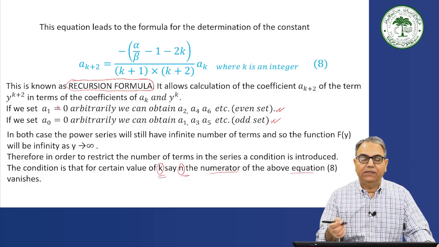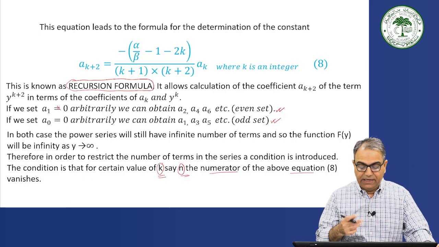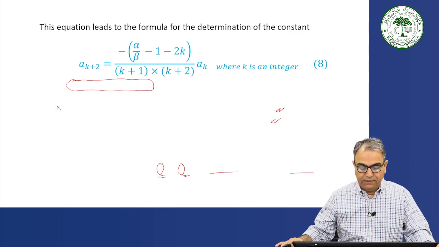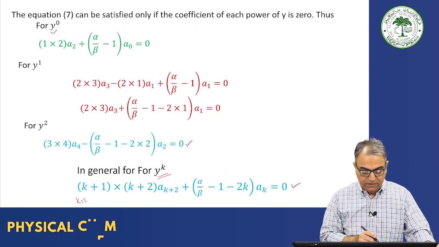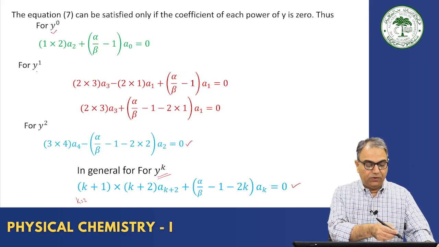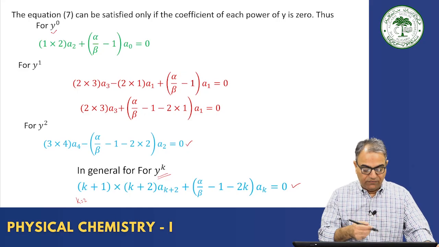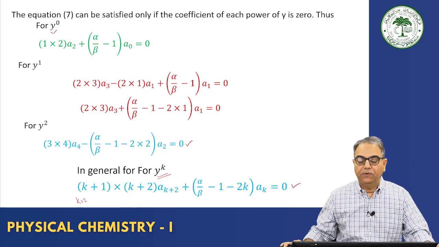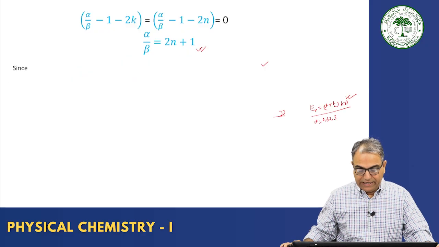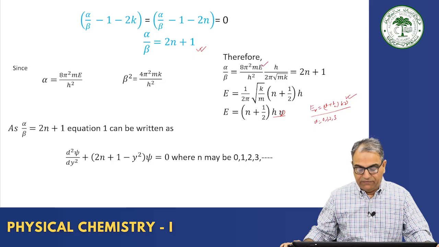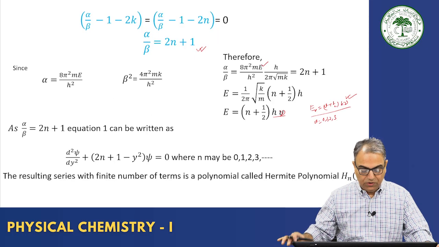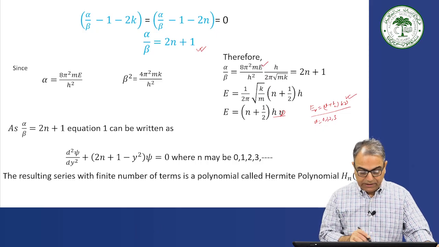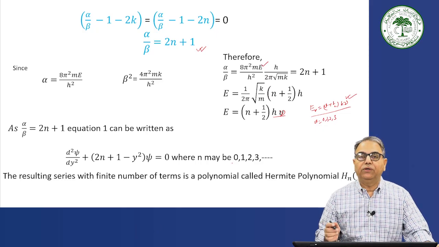And what was k? K was an integer, because I introduced it for y raised to the power 0, 1, 2, 3, 4, 5. Okay. So, k is a number starting from 0, and I have said k is equal to n when the numerator becomes equal to 0. Okay. So, n becomes 0, 1, 2, 3 and so on.